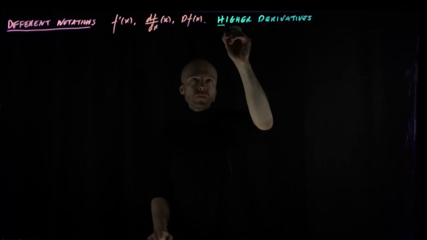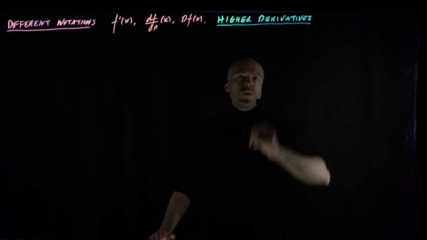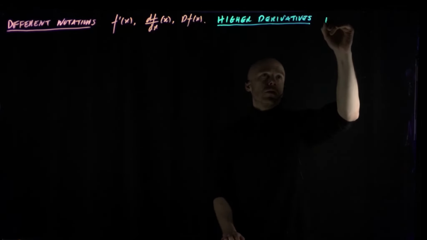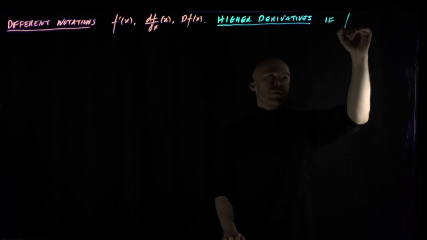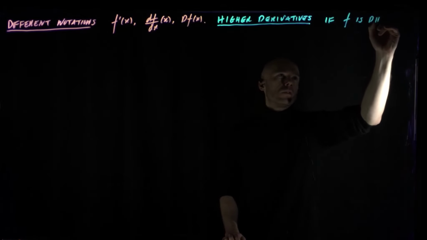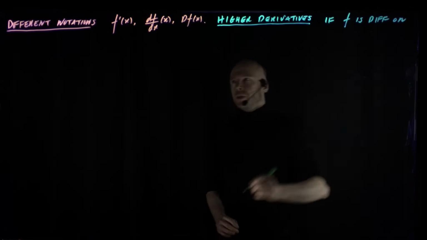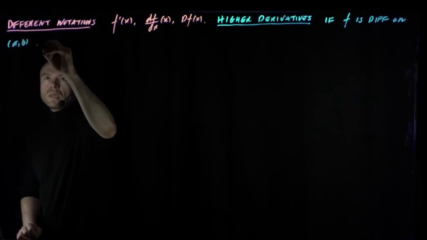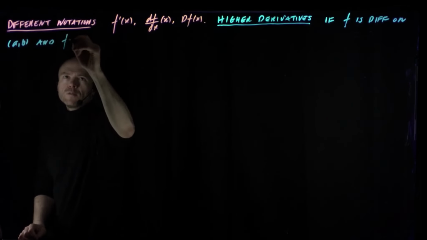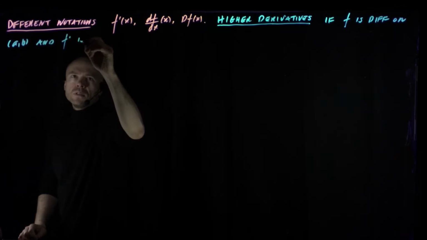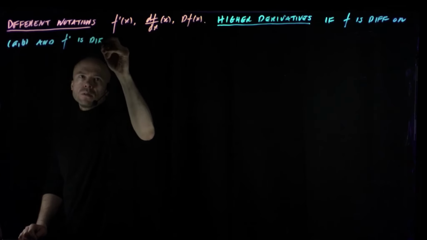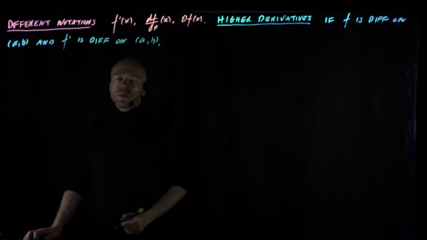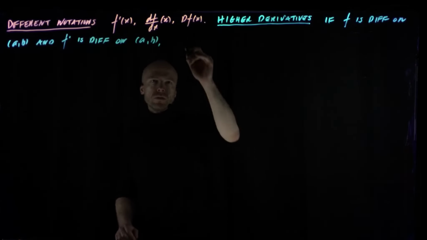Higher derivatives. So if we have a function which is differentiable, it could be that its derivative itself is differentiable. So if f is differentiable on some interval and f prime is differentiable, then we can form the second derivative.